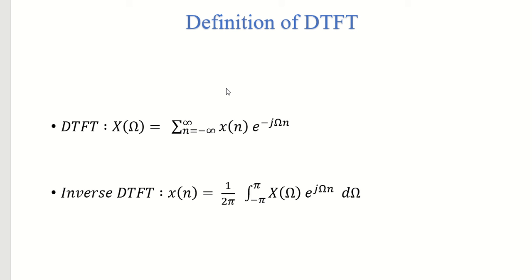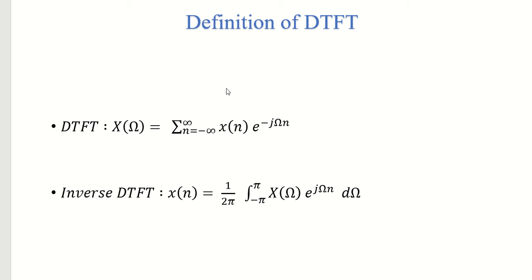The integration is being used here, and since x of omega is a continuous function of omega, the range will be from minus pi to pi, and because of that we took the limits of this integration as minus pi to pi. And you can obviously ask, if my range is minus pi to pi, then what will be the period of this range.